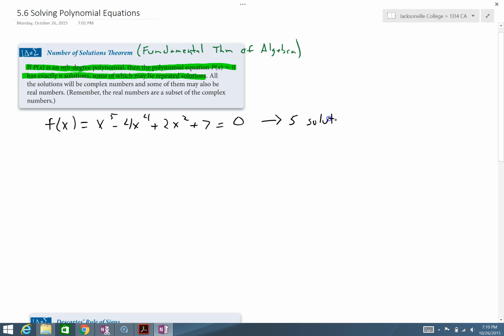Now, some of these solutions may be real numbers. Some of them will be complex solutions, that is, have an i involved in it. One of them might be what's called a double root. That is, it is a repeated solution. But this leading power tells you how many solutions the equation has.